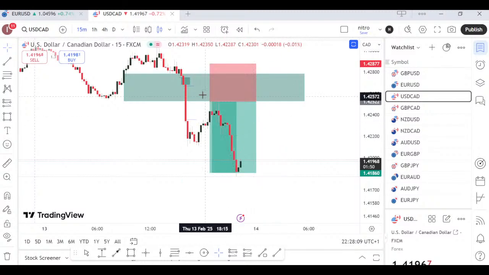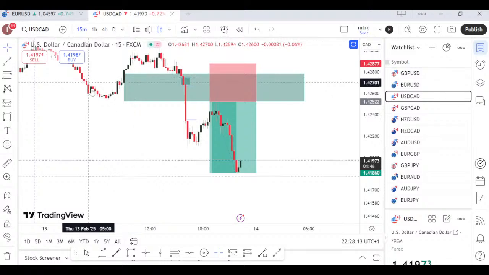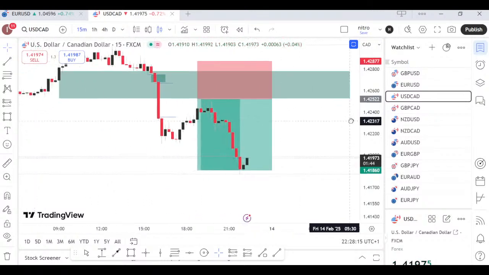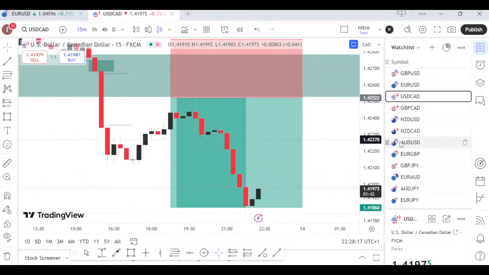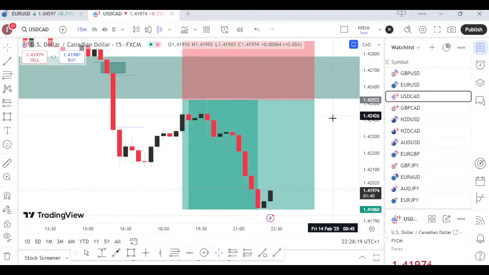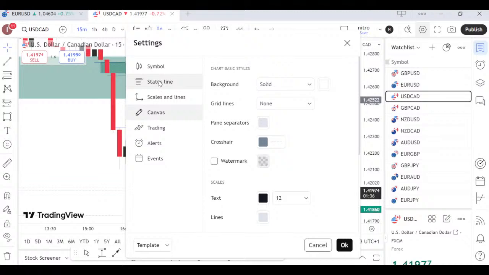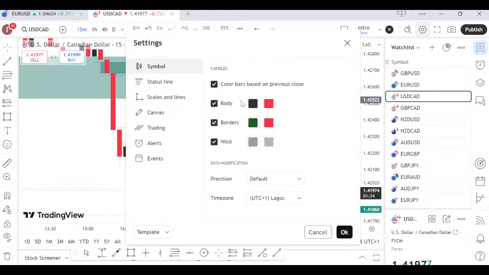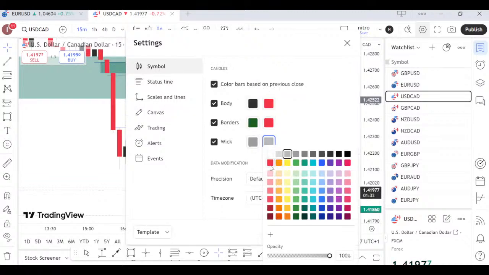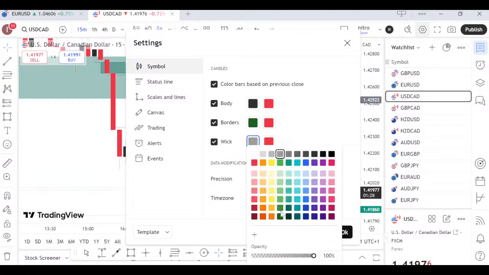You can see our best discount zone, and we have a fair value gap within it. I zoom in on this whole candle. I don't know if you guys can see the pin, but let me try to adjust it. Changing the wick and body colors to red so we can see.